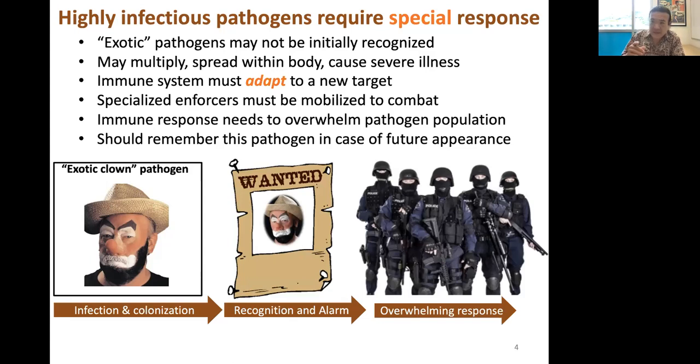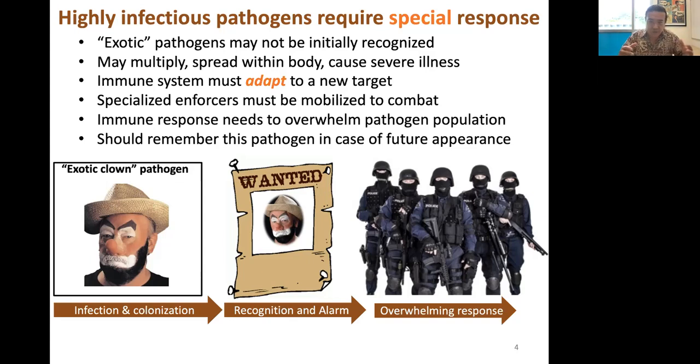The key here is that by the time your immune system is alerted to the fact that bad clown is in fact a bad clown and he needs to be taken care of, enough time has gone by that potentially bad clown, this pathogen, has had a chance to really begin to spread and cause damage in your body. Right? So that means by the time this adaptive side of your immune system wakes up and goes to work, the defense that it has to mount has to be very powerful.